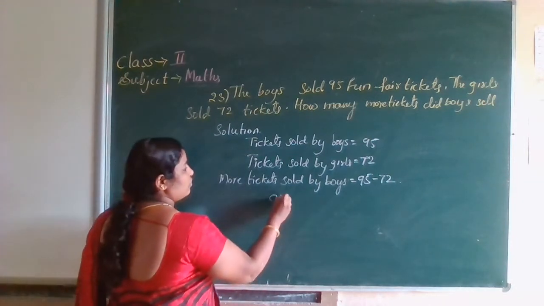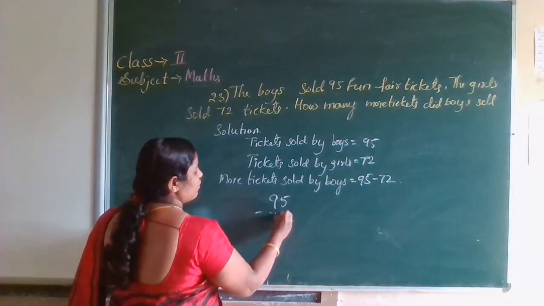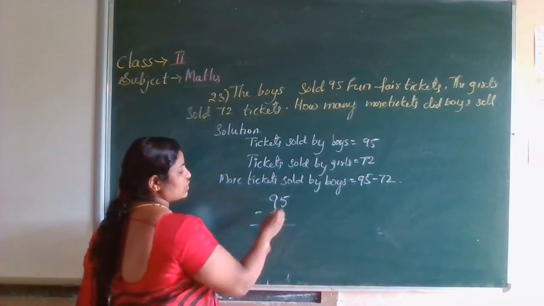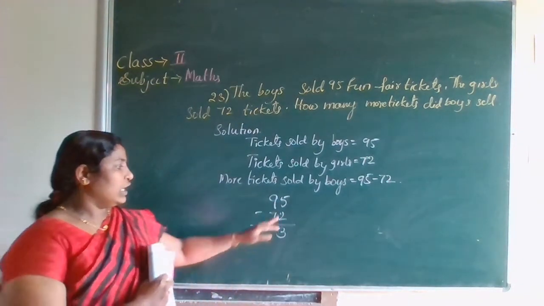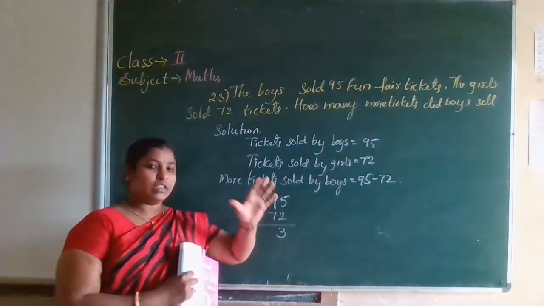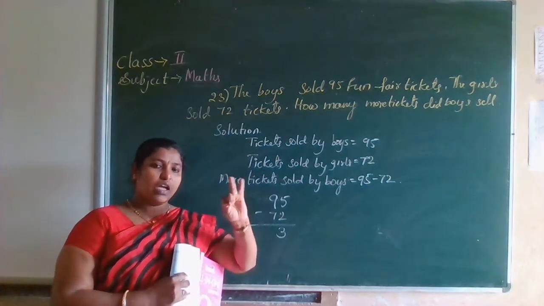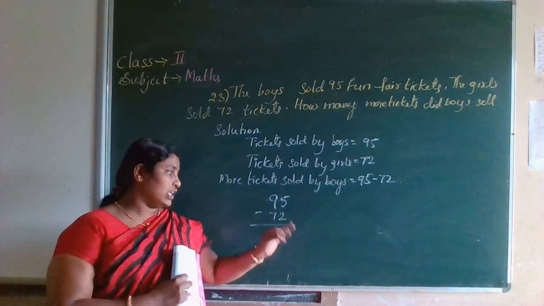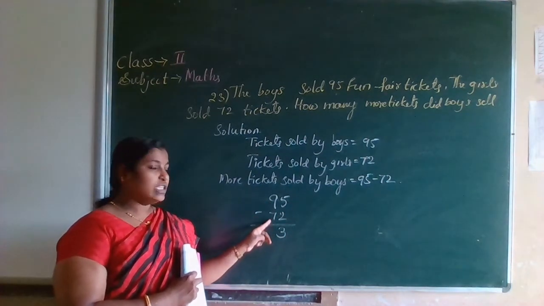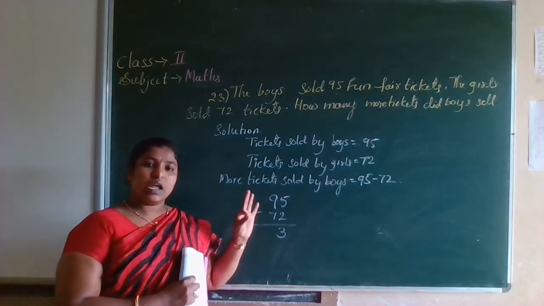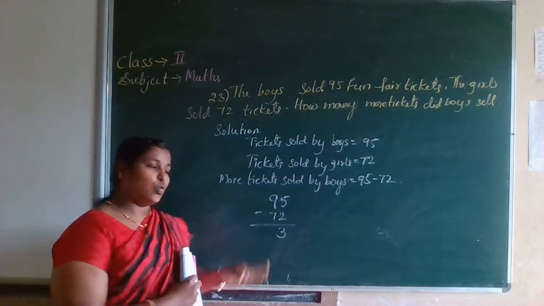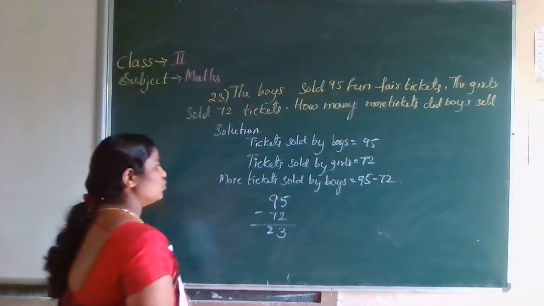Write in the column 95 minus 72. Do subtraction. 5 minus 2, 3. How to do? Leave 2, count up to 5. 3, 4, 5. How many folded fingers? 3. So write 3. 9 minus 7. Leave 7, count up to 9. 8, 9. So how many folded? 2. So answer is 2.